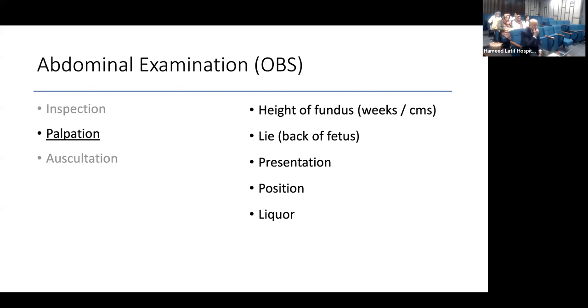Presentation, and then position, whether it is well settled into the pelvis, or it is floating above, if it is relevant at that time. For example, at 28 weeks or 30 or 32 weeks, you don't have to say anything about the position. This is something which becomes relevant in later weeks of pregnancy. And an assessment by palpatory method of the amniotic fluid amounts, like that.